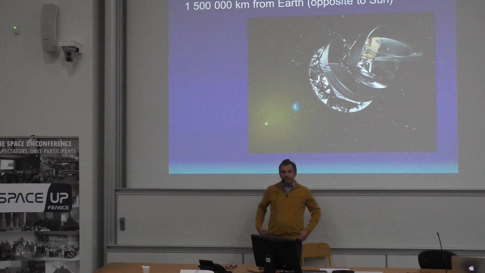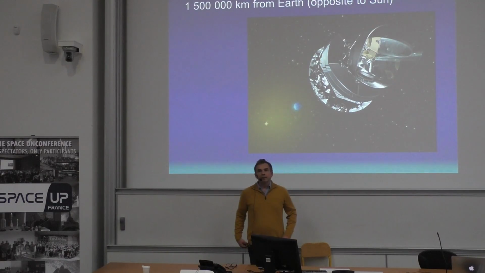So the Planck satellite has gone to an L2 orbit. To be very short, an L2 orbit around Earth is an orbit that will have a duration of 1 year.